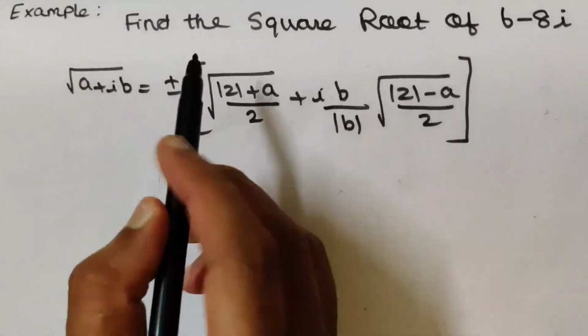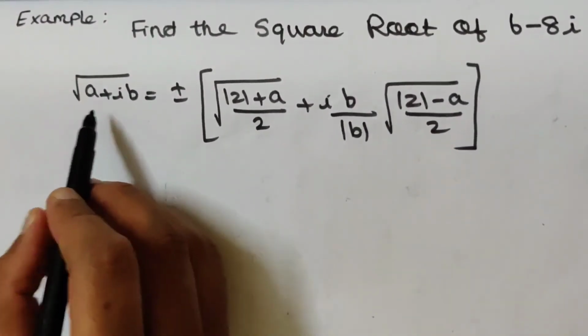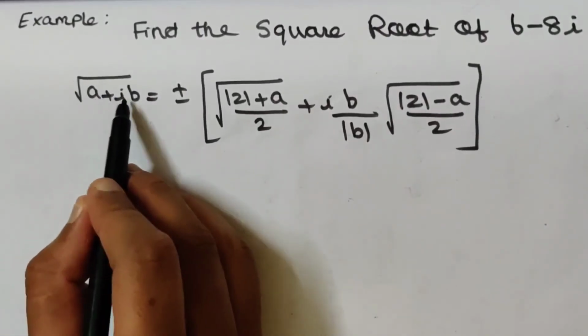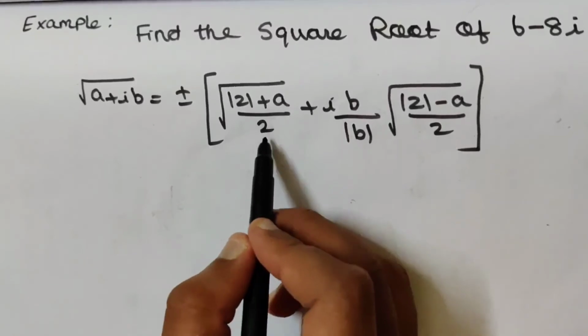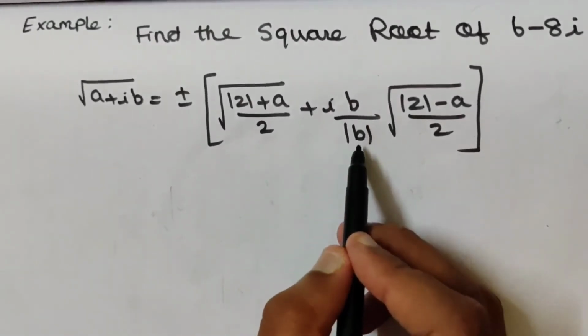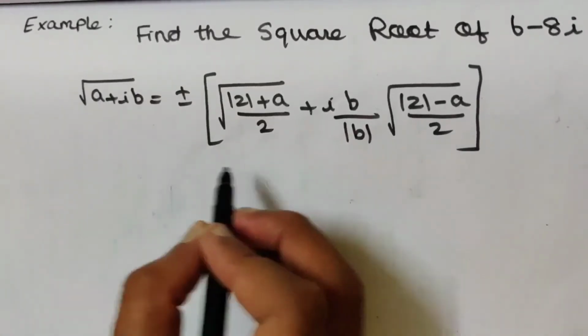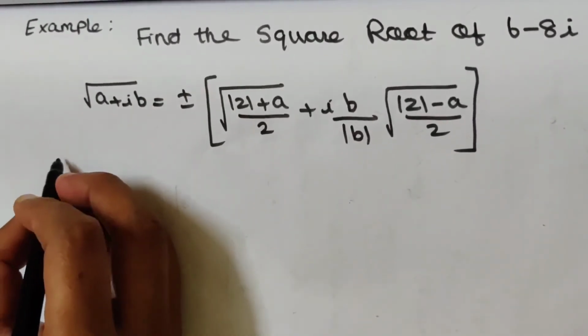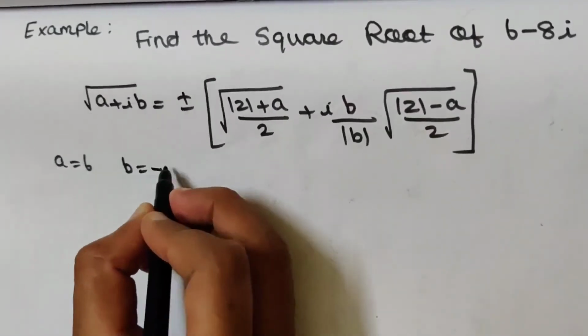For example, find the square root of 6 minus 8i. The result is root of a plus ib is equal to plus or minus square root of modulus of z plus a by 2 plus i into b by modulus of b, the root of modulus of z minus a by 2. First I am going to find the modulus of z. Here a is equal to 6 and b is equal to minus 8.